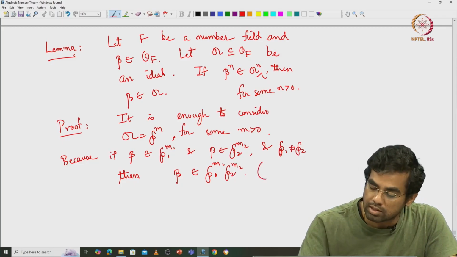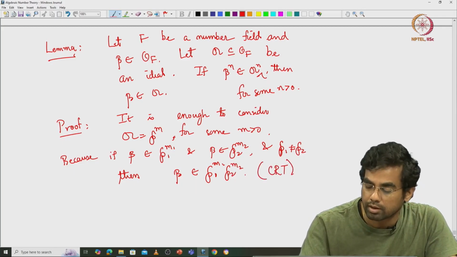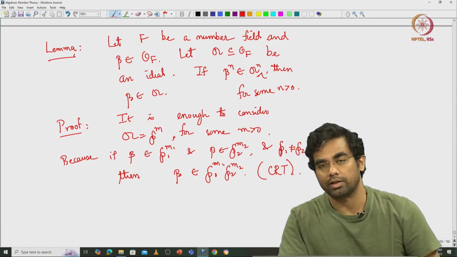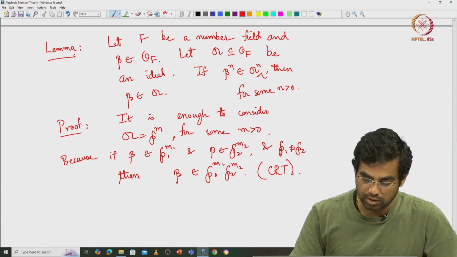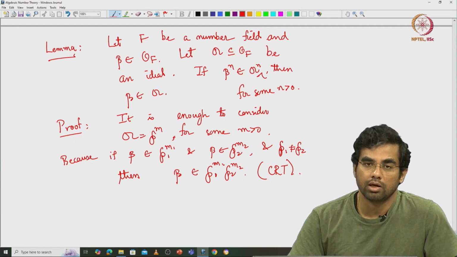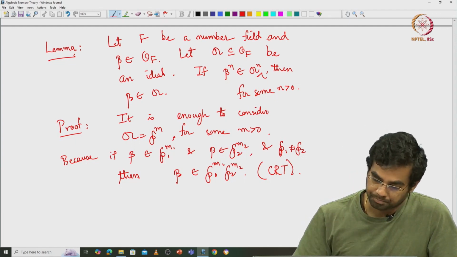This is Chinese remainder theorem, if you like. Okay. All right, and you can extend it to finitely many distinct primes. So, it is enough to consider the case when A is a prime power.